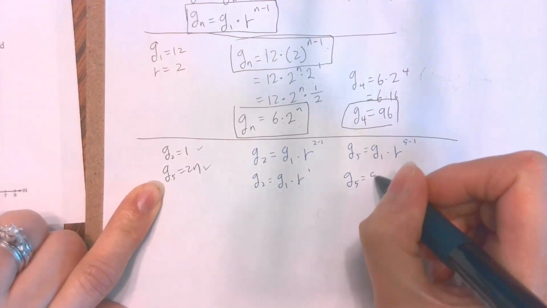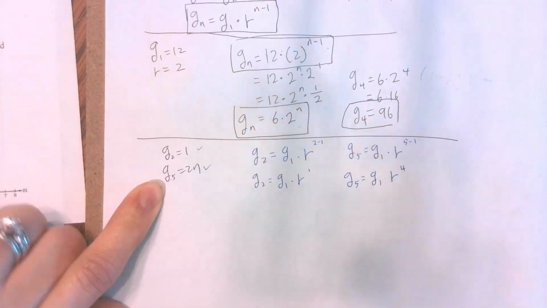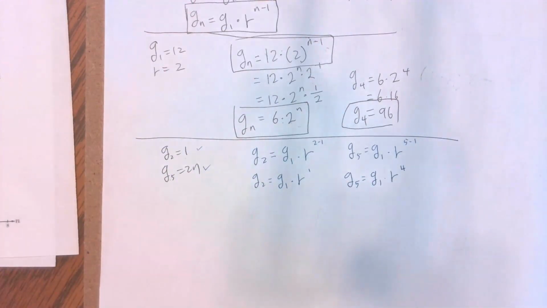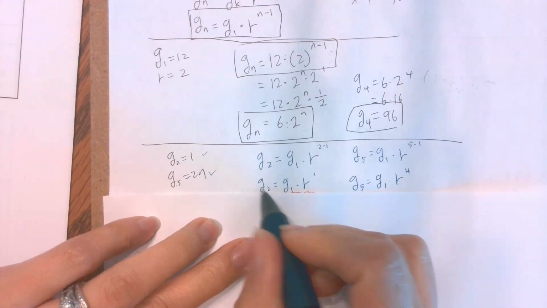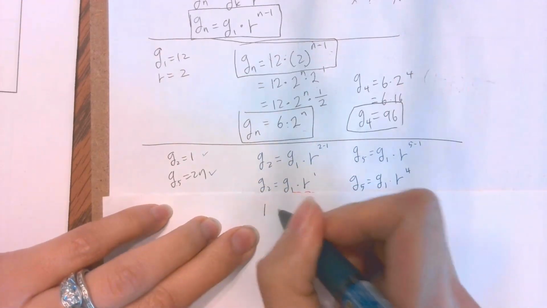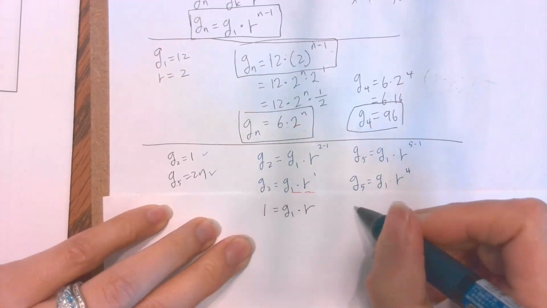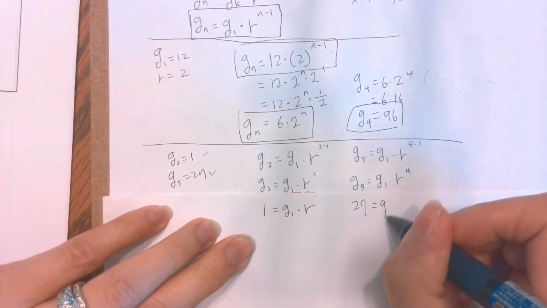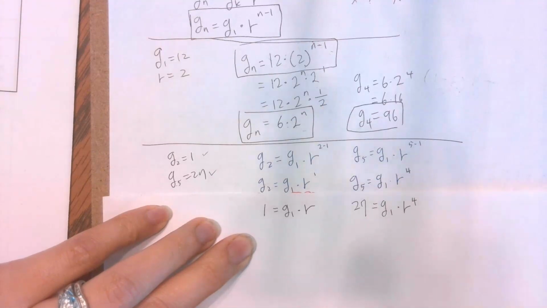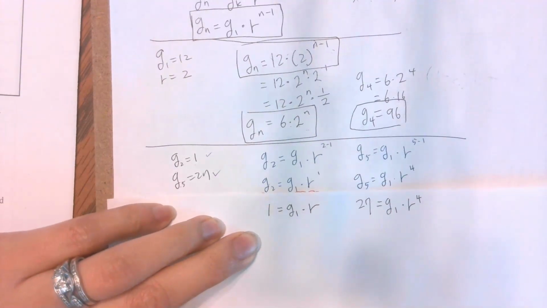G sub 5 equal to g sub 1 times r to the 4th power. All right, I forgot something over here. G sub 2 is 1, so I can actually put 1 in. G sub 1 times r. G sub 5 was 27, so I can say 27 is equal to g sub 1 times r to the 4th power. Okay? All right.